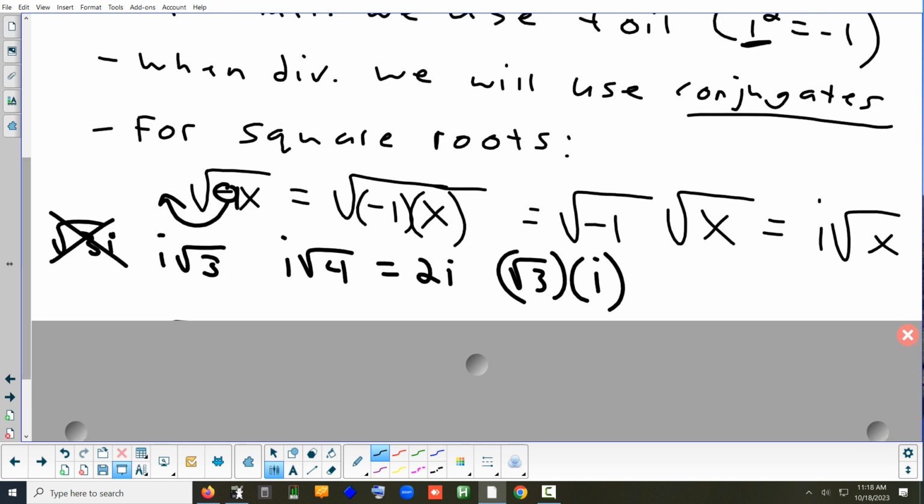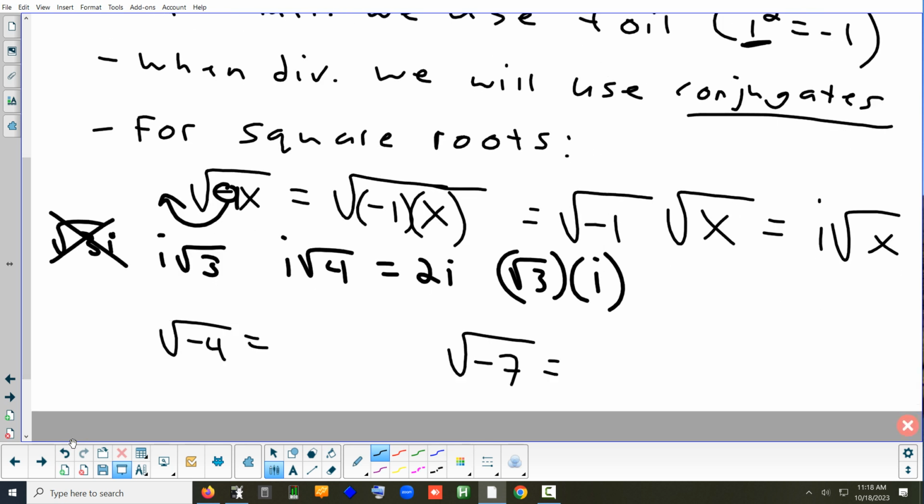Right. Let's try these two. The square root of negative 4, and then the square root of negative 7. So let's start with square root of negative 4. Think about what's going to happen to that negative. Well, we kind of already did this problem right up above. Yeah, 2i.